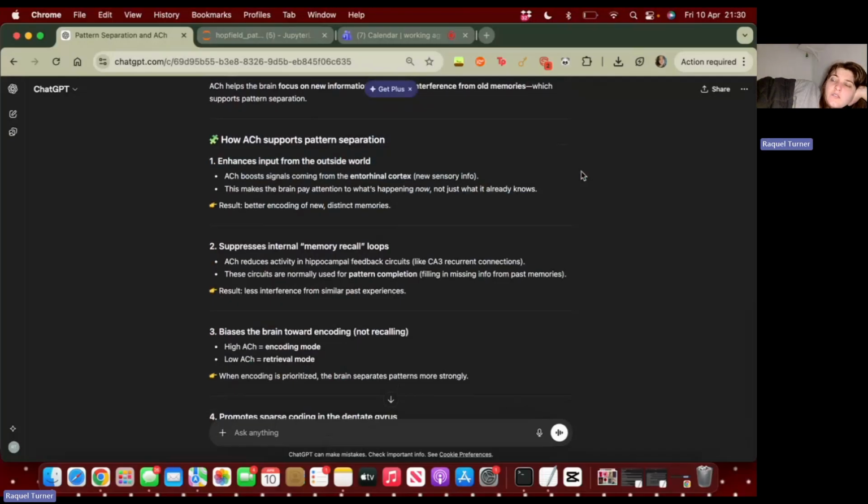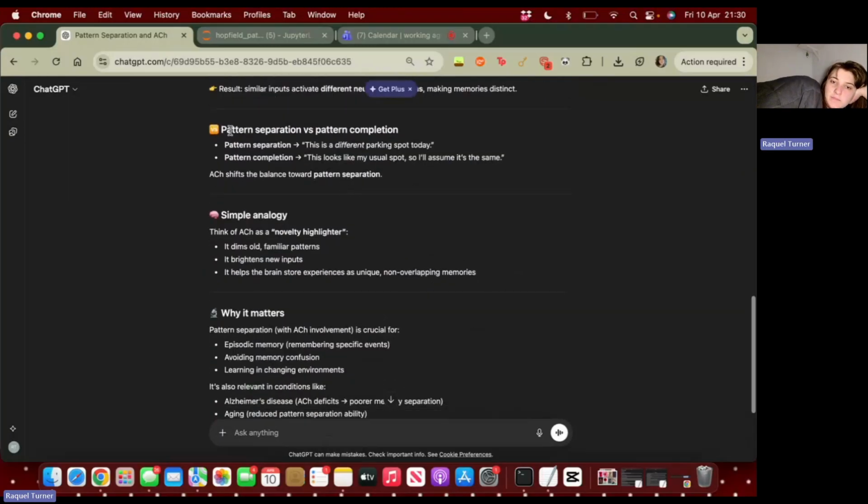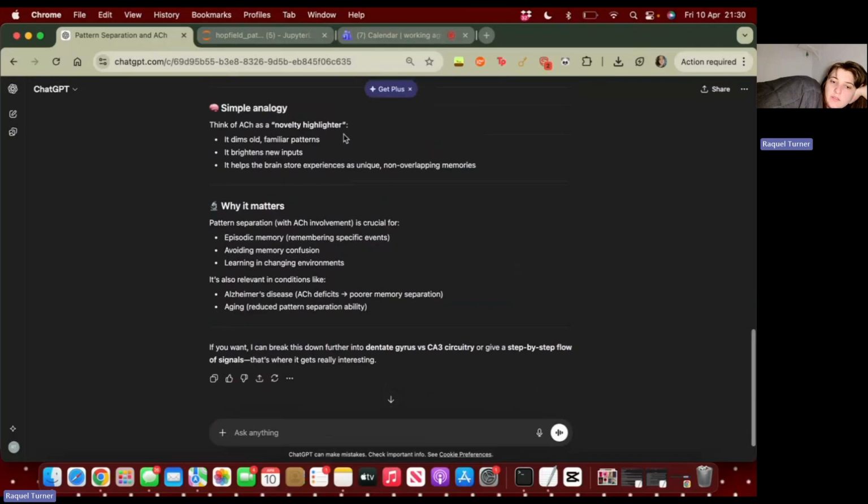It's encoding. So it's probably going to have to mess with the noisy pattern. It makes you better able to encode the noisy pattern versus mixing it up with the new one. So it actually does the exact same thing. Let's look back at the sparse coding thing. I think that's going to be key still, maybe.